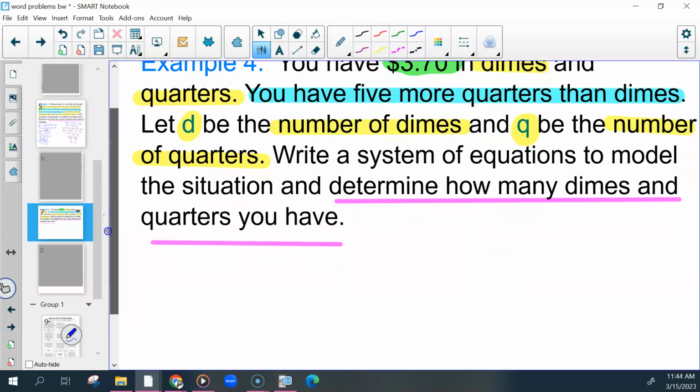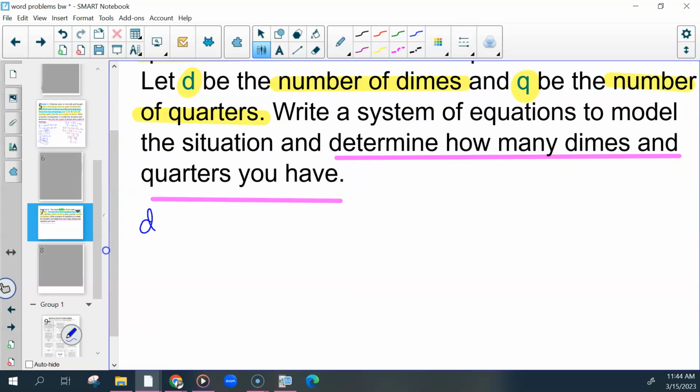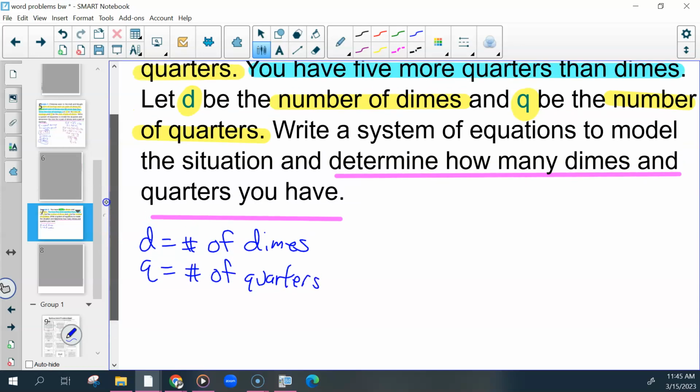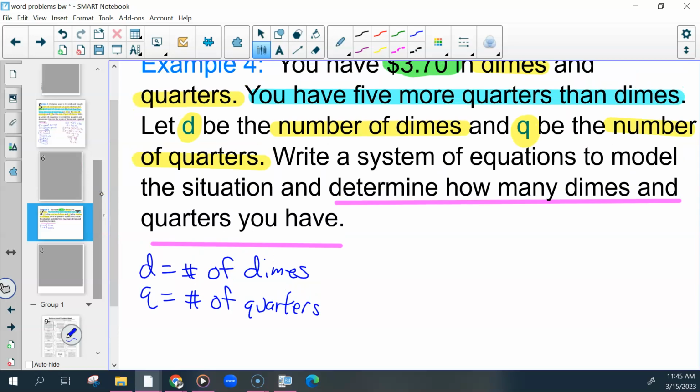Alright, so let's define our variables first. D is number of dimes. Q is number of quarters. $370 is going to be one of our totals. Anyone want to take a guess as to how we might set up that equation?